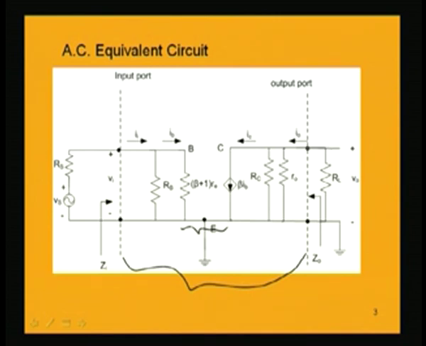The output voltage is between these 2 points, that is, the voltage across this load resistance, and the input voltage is between these 2 points. Vi is the input voltage and V naught is the output voltage, and conventionally the input and output currents are considered to flow into the amplifier.